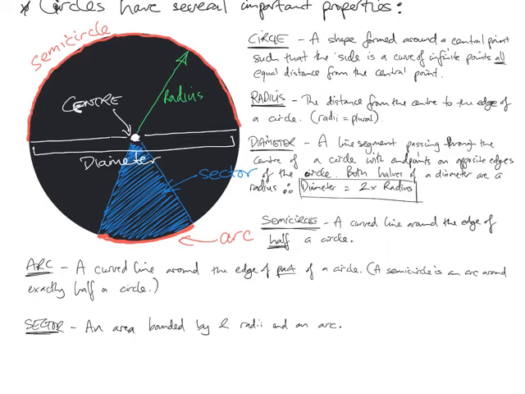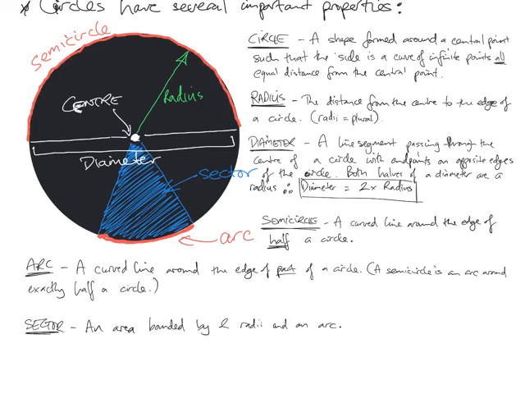A semicircle is a curved line around the edge of half a circle. So this red mark here around the edge of half of the circle is a semicircle, and is specifically the case because it's around half of the circle.